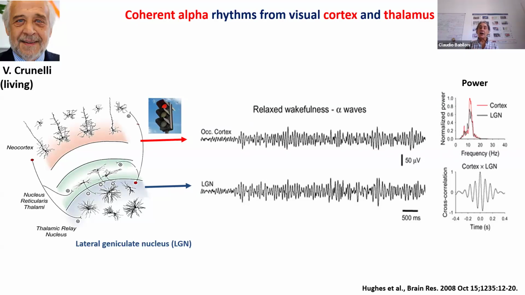If you use a relatively large electrode, for example, a metal disc over the skull, you will record EEG activity because you are recording from a relatively large surface of the skull.